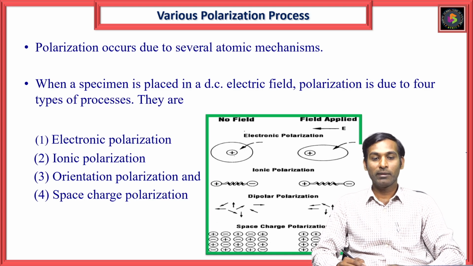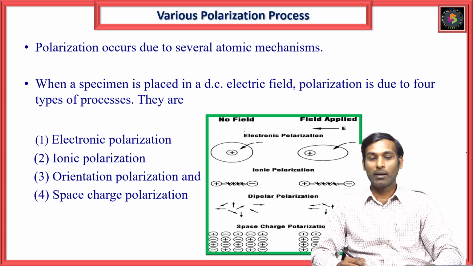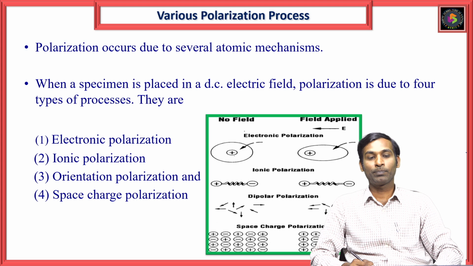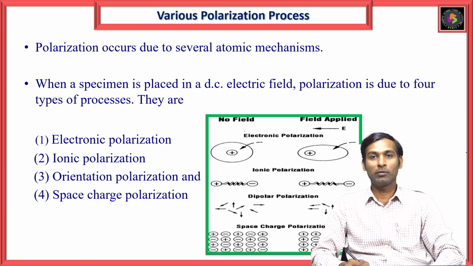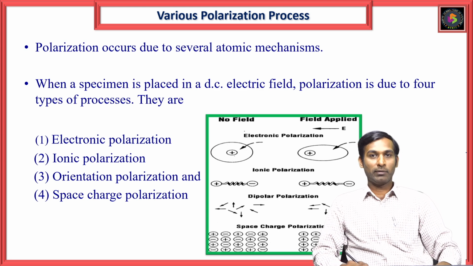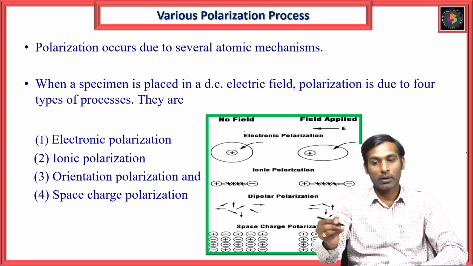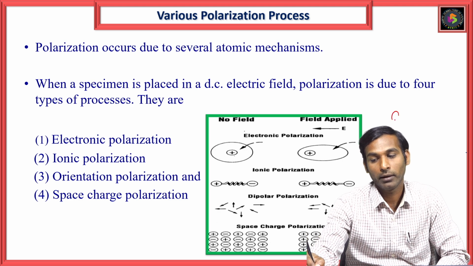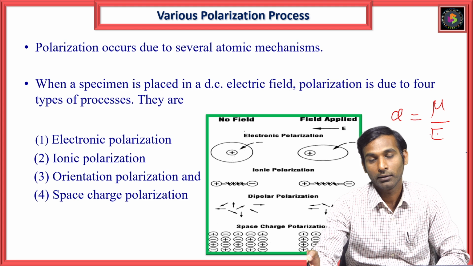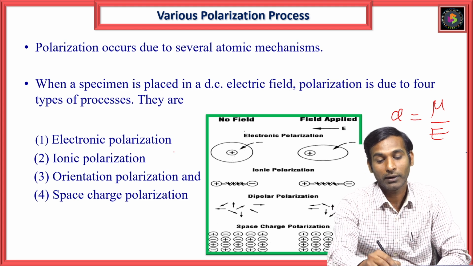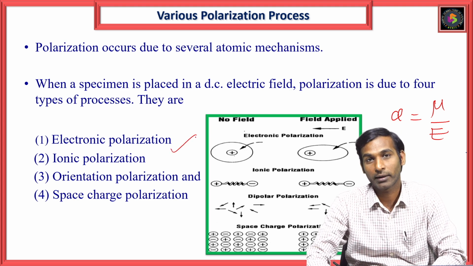When a specimen is placed in a DC electric field, polarization is due to four types of processes. They are electronic polarization, ionic polarization, orientation polarization and space charge polarization. We have to derive the polarizability alpha is equal to mu by E. So first of all, what is the importance of electronic polarization?